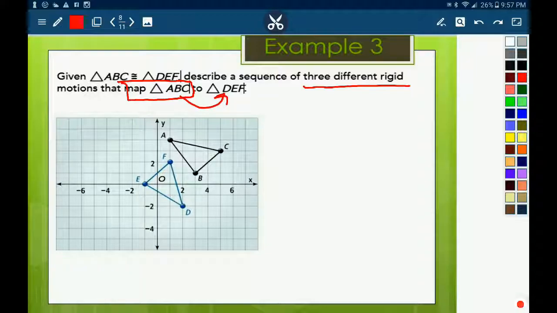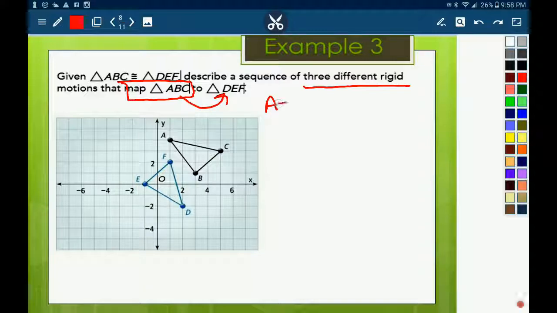If it doesn't say what it wants you to map, then you can choose whichever triangle you want to move. But right now it's saying move ABC. So again, just try to experiment. And also make sure you understand that the order in which the letters are listed tells you what they want you to map to.